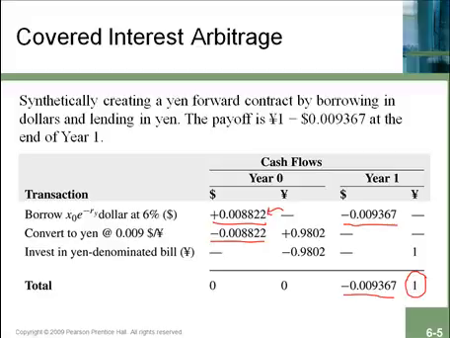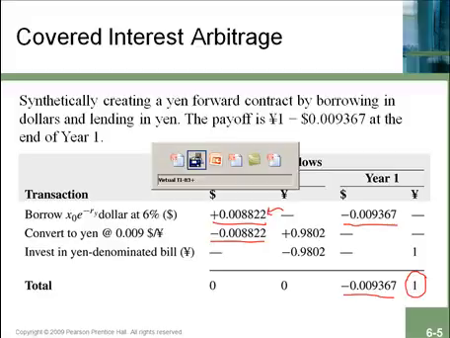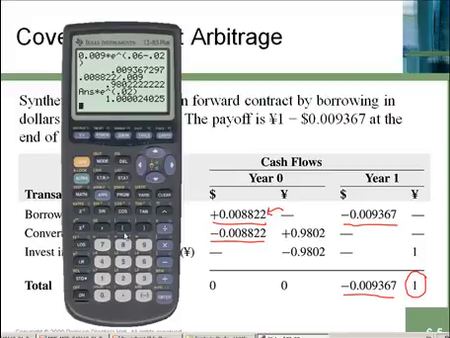So how do we know exactly how much we're going to have to repay? We take 0.008822 times e to the power of 0.06, because after all we are being charged 6% interest on this loan in our home country, and that's where the number comes from, 0.009367, with just a little bit of rounding error.